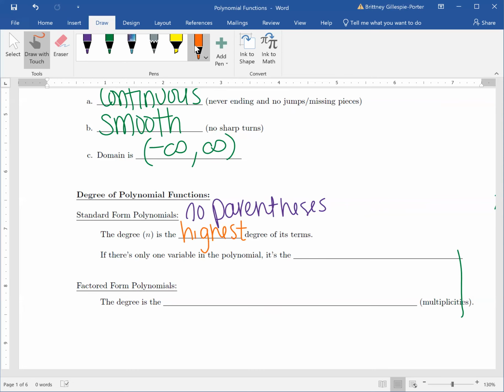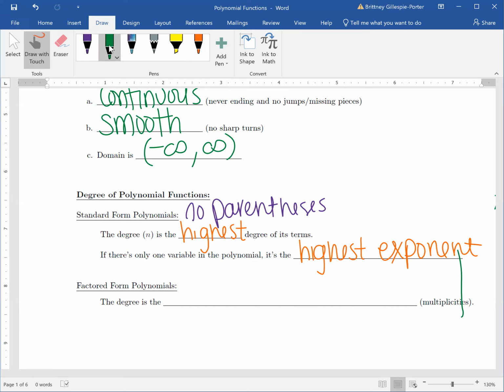If there's only one variable in the polynomial, it's the highest exponent. And by one variable, I don't mean that the variable cannot show up multiple times. I mean that if we only have x's, that's it. We're not mixing x and y together. We're not mixing a z and a t together.